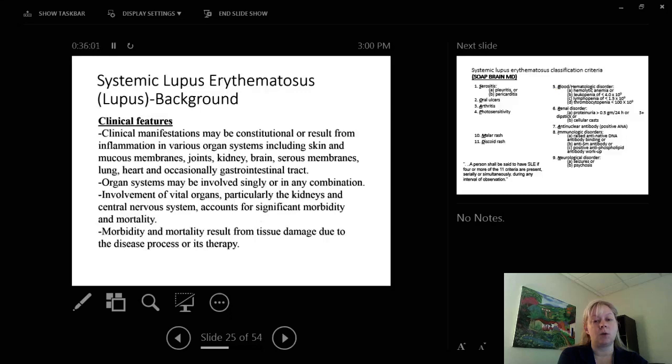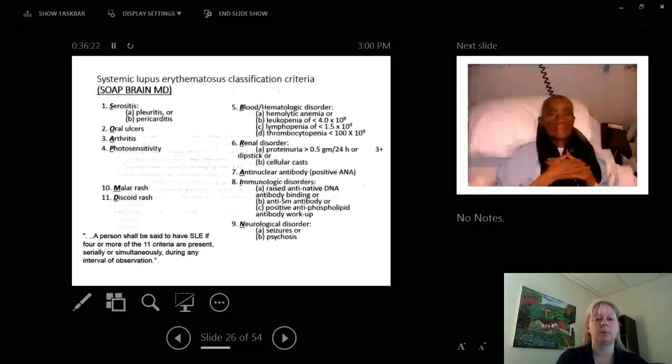Organ systems are involved, and we see the kidney involved more commonly in a major case. The central nervous system accounts for significant morbidity and mortality because of tissue damage due to the disease process.